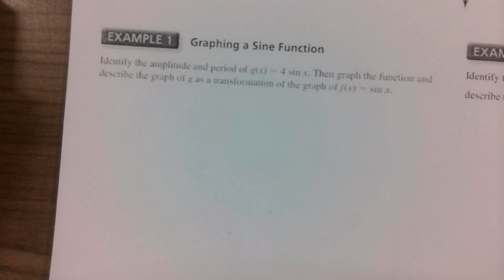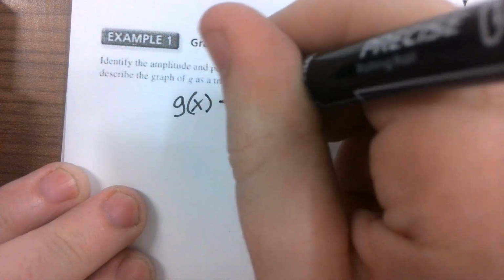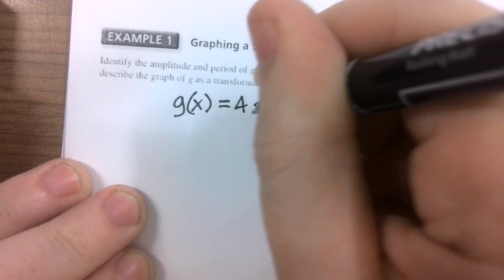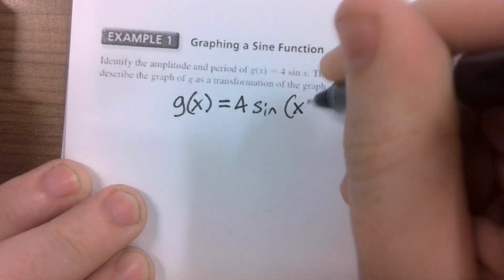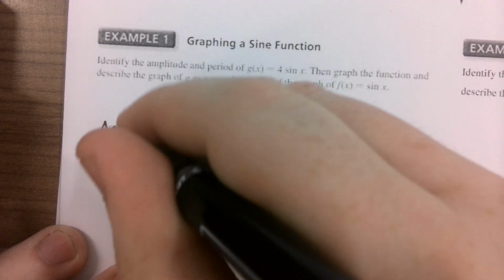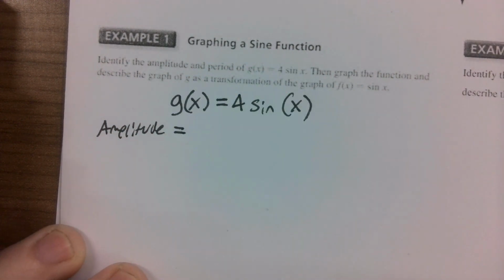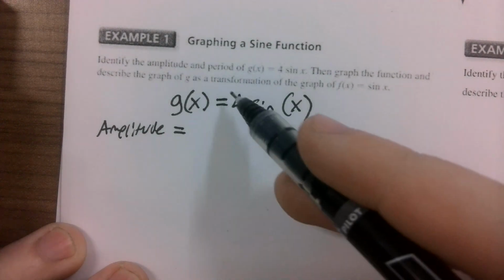Down here, we're asked to graph a sine function. The function is g of x equals 4 times the sine of x. And I want to let you know, the start of this problem involves us figuring out the amplitude and the period. Well, recall that the amplitude is just the a value, or at least the absolute value of the a value, which is 4.